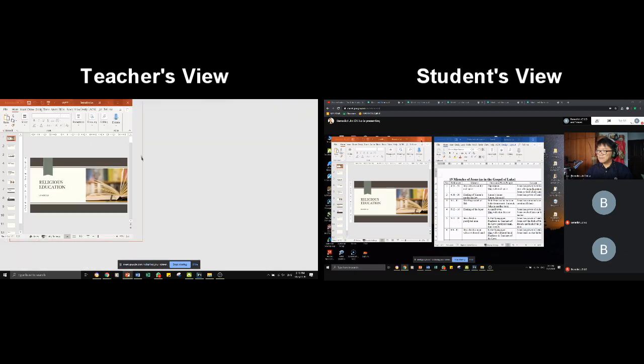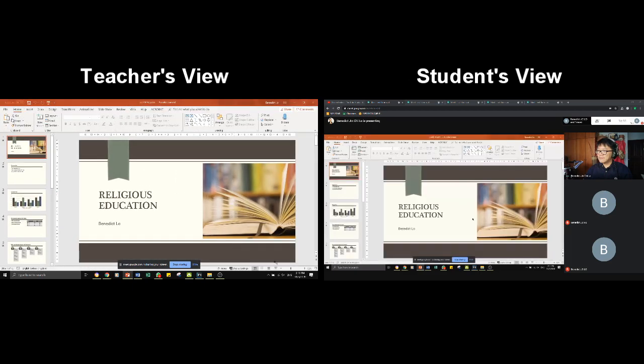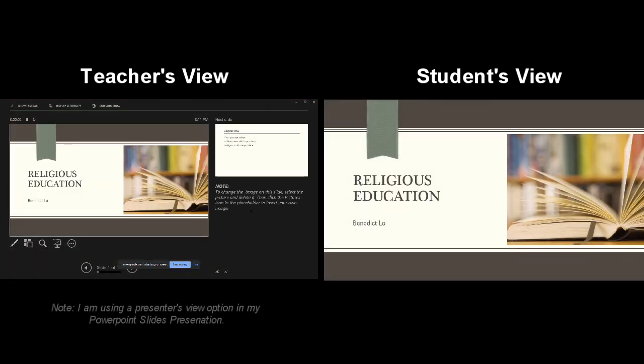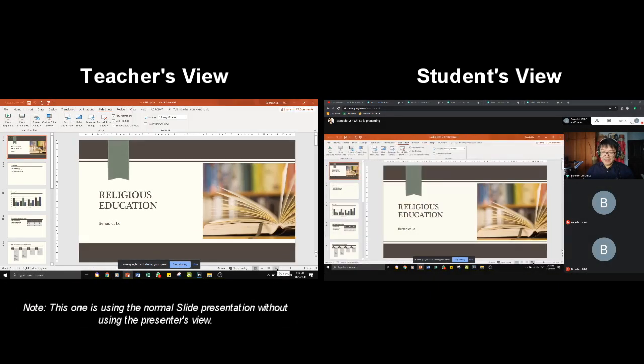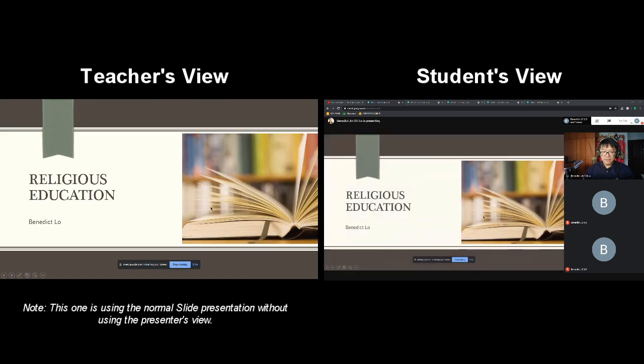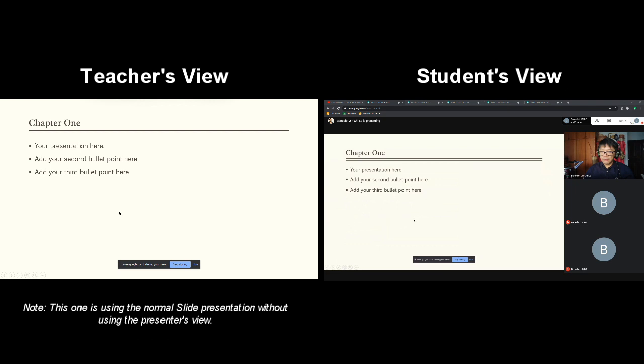Now the students should be able to see your entire screen or whatever you are presenting on your screen. The students will be able to see your slides presentation at the same time seeing your webcam on the right.